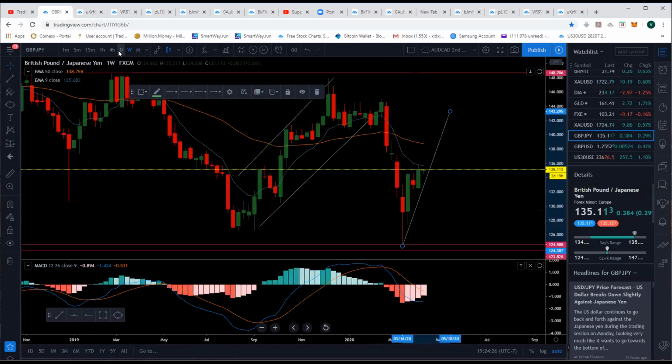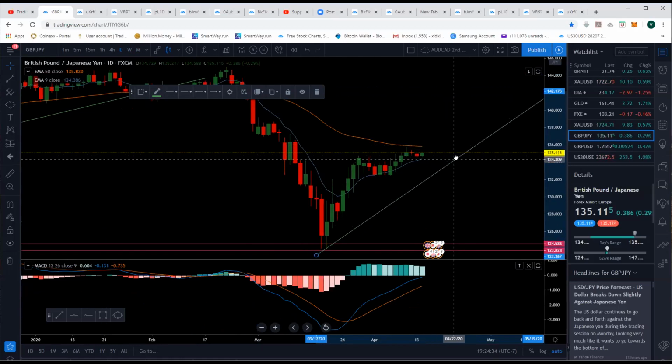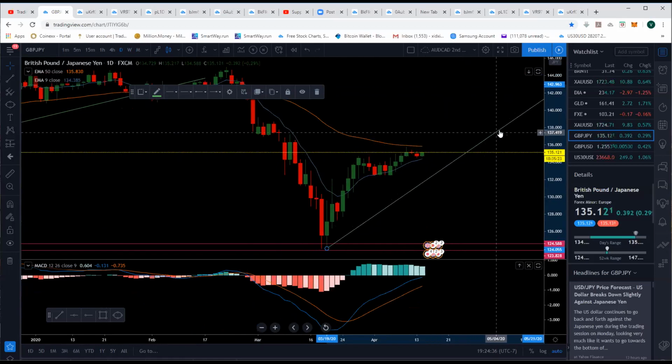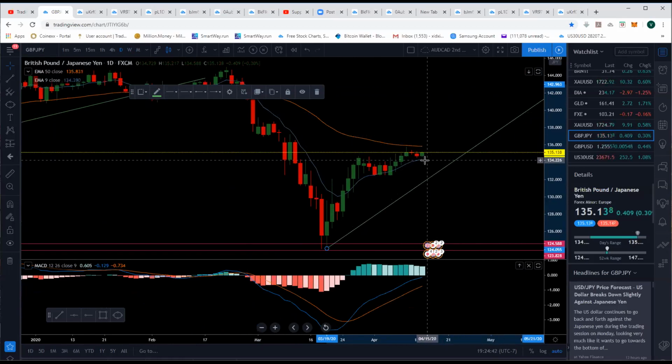This was the weekly, now we're going to the daily. Again, this line right here needs to be slightly adjusted. I'm gonna have you guys teach me how to push that over, but that's where I would readjust that line for this upward trend here.